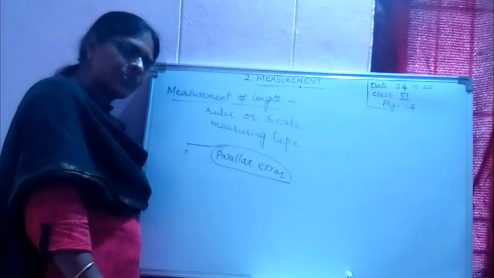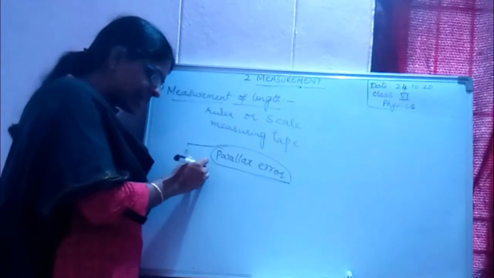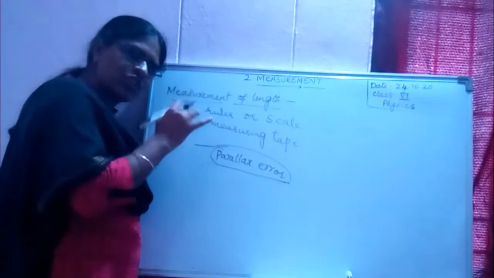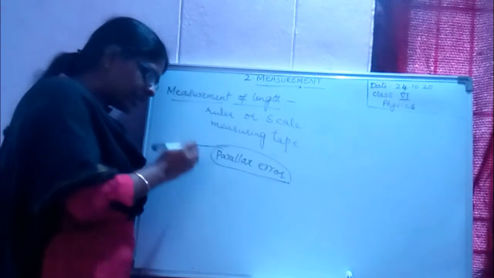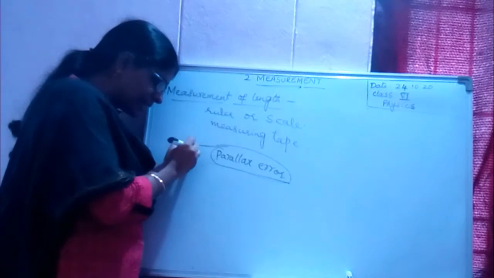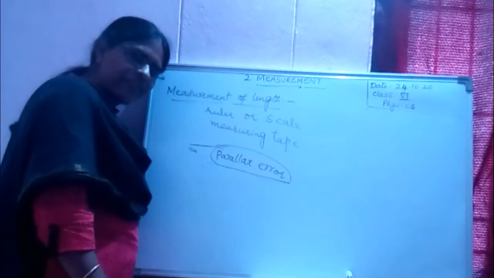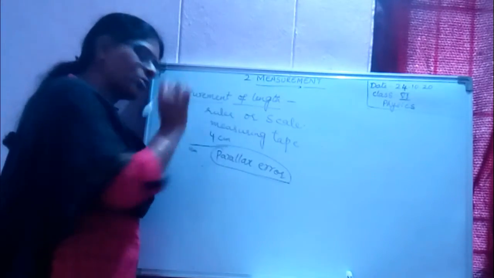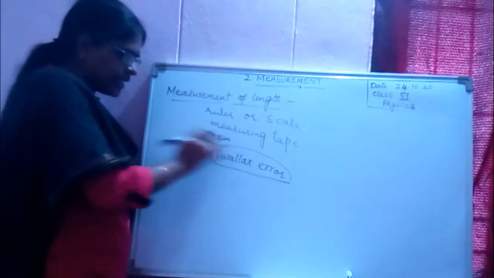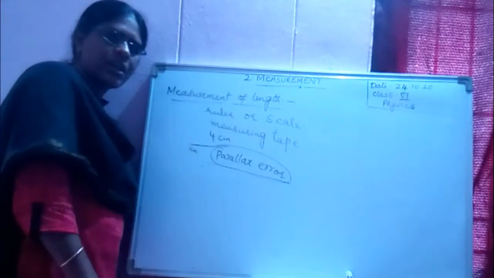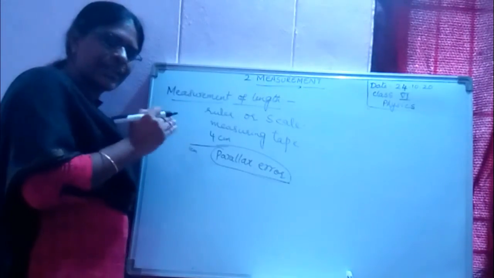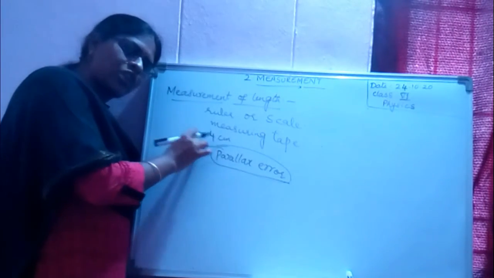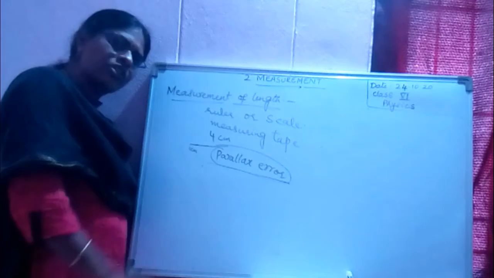If your zero has vanished, or the zero of the reading has been erased, then place 1 centimeter exactly on the object and find the length.